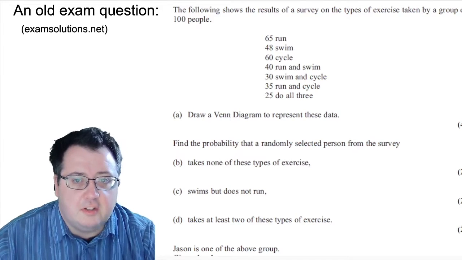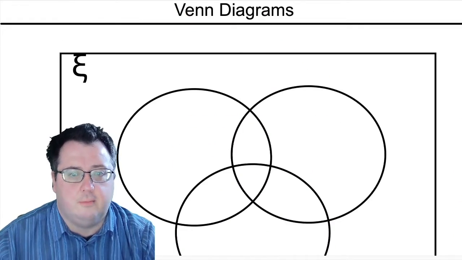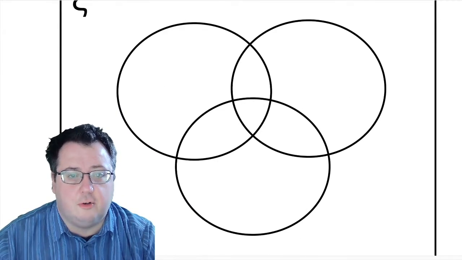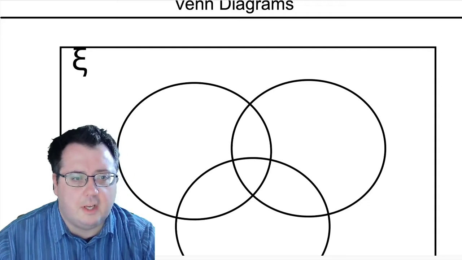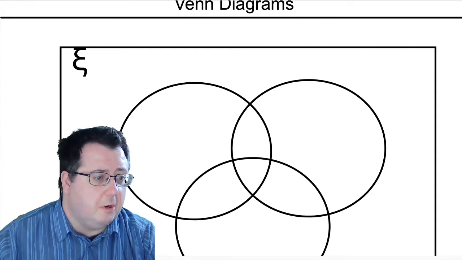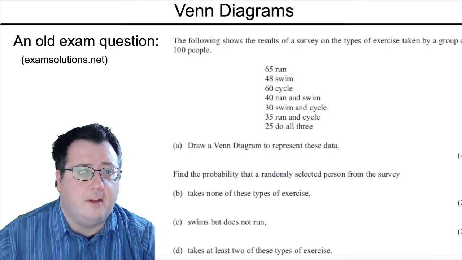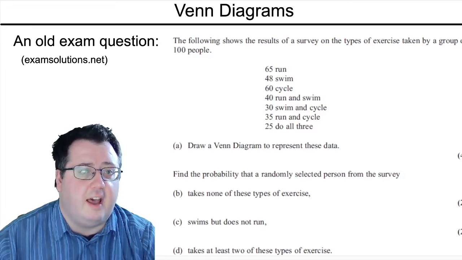Okay, so running, swimming and cycling, we've got 3 circles now. 3 overlapping circles rather than 2. Okay, and we're going to do the same as we did before with the last question. We are going to pick off the information one piece at a time and then get the answer out.